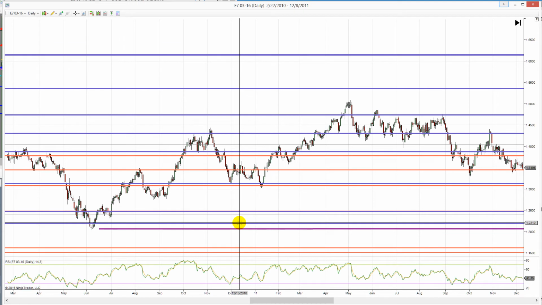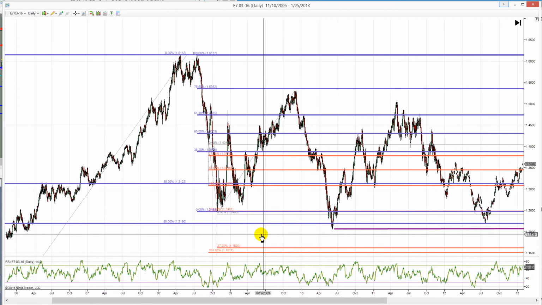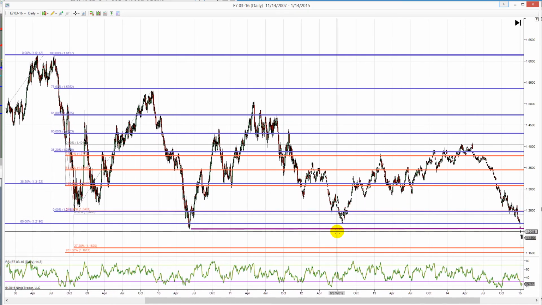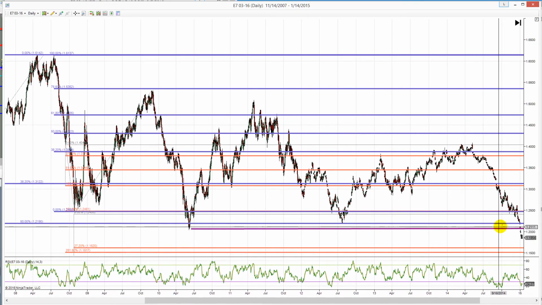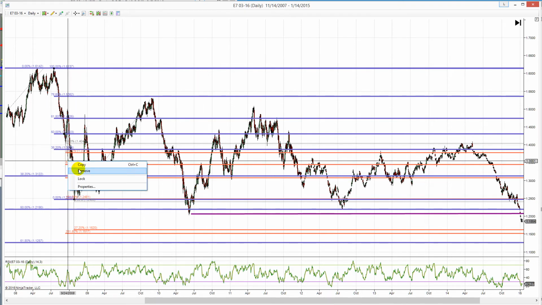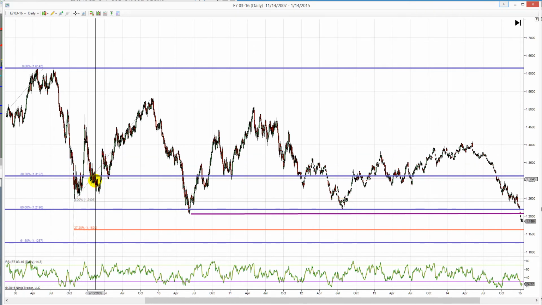Again, this is a 50% level. And we broke it. So it means we're going to the 61% level, which is right here. And again, let's remove it.